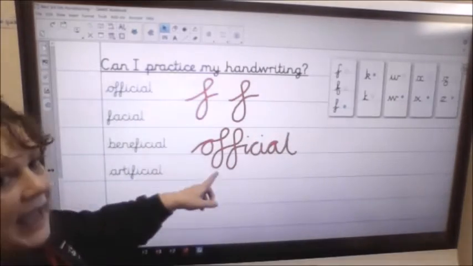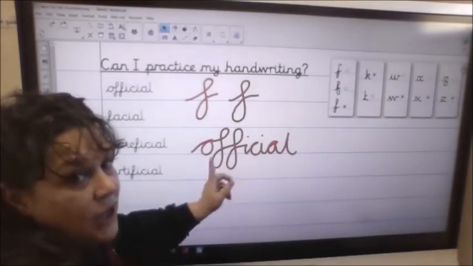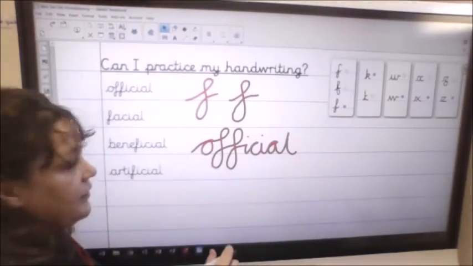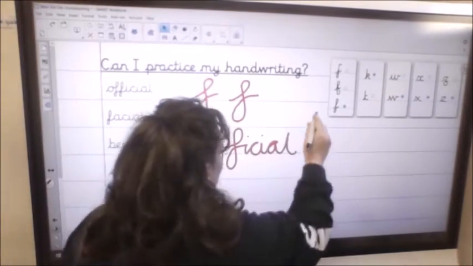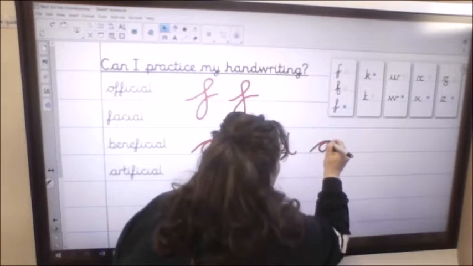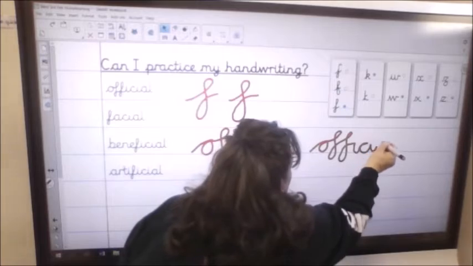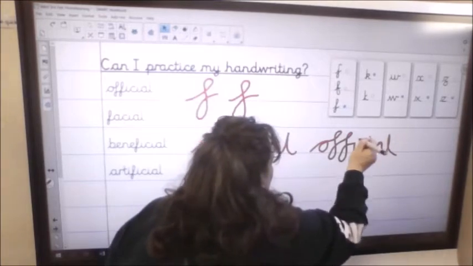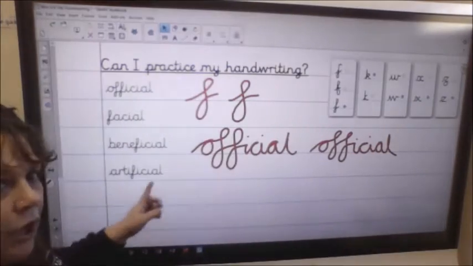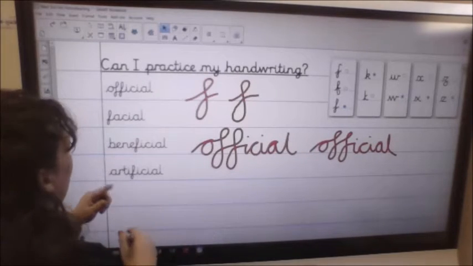And once we've got to the end, we can dot our I's. Let's try that again. Lead in, O, into our F, into our other F, I-C-I-A-L. See how you get on with that one.